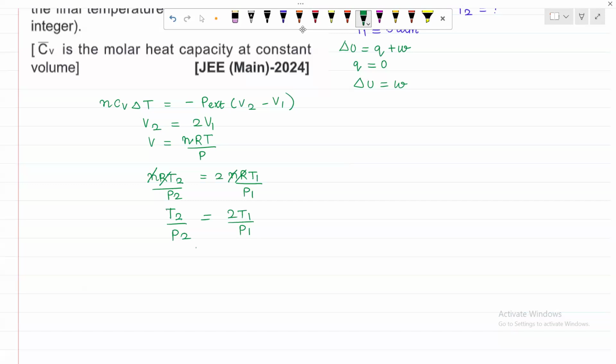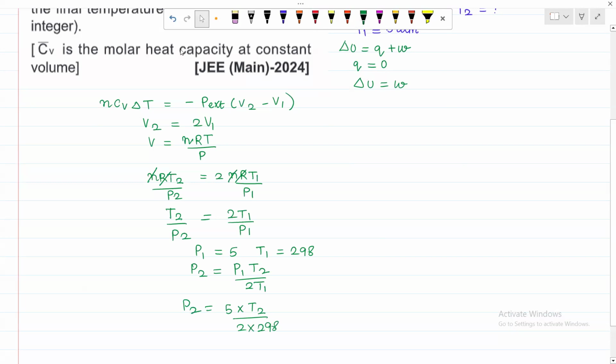Okay. And we know that the initial pressure is 5 and the initial temperature is 298. Okay. If you just substitute it, you get P2 is nothing but P1 T2 upon 2 T1. Okay. That is equal to 5 T2 divided by 2 into 298. Okay. So this is going to be your P2. We're going to use this. We're going to substitute this.